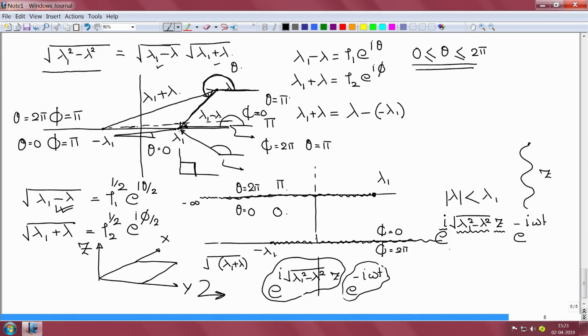So there is a chance that lambda will exceed lambda 1, in which case square root of lambda 1 square minus lambda square becomes purely imaginary. It can be I times a positive real number, or minus I times a positive real number.